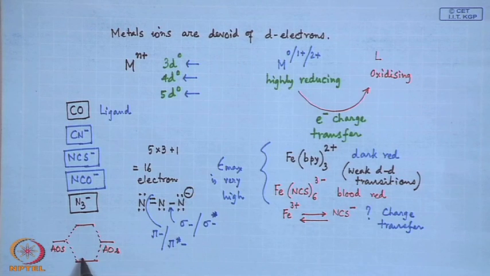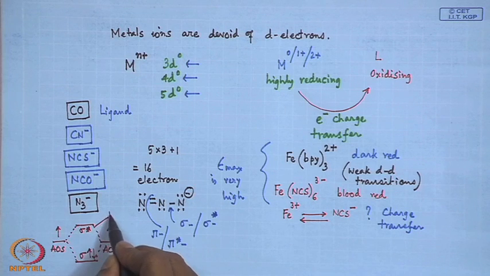If this is sigma, the other would be sigma star, and for the two electrons present in these two atomic orbitals, we will have the paired electrons in the sigma level, and the sigma star is vacant.